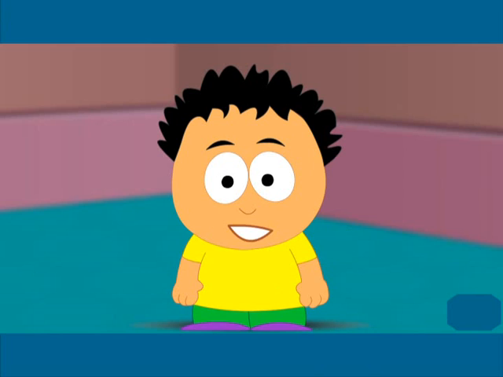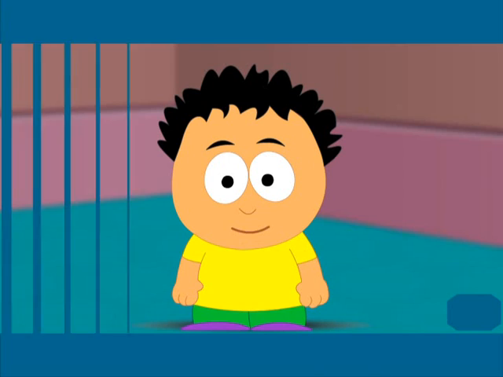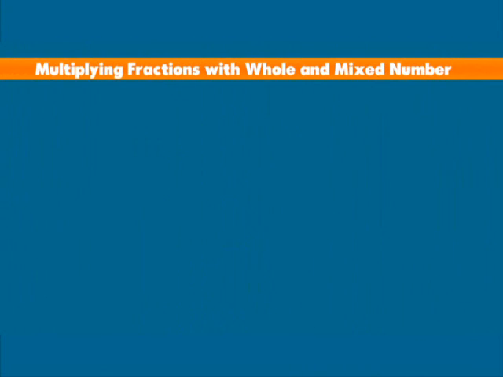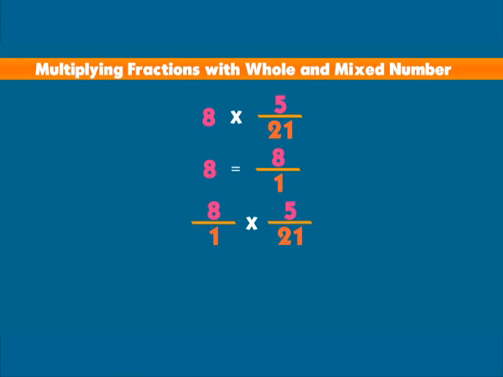Example, 8 multiplied by 5 over 21 equals, we can write the number 8 as 8 over 1. Now we multiply the fractions. 8 over 1 times 5 over 21 equals 8 times 5 over 1 times 21 equals 40 over 21.